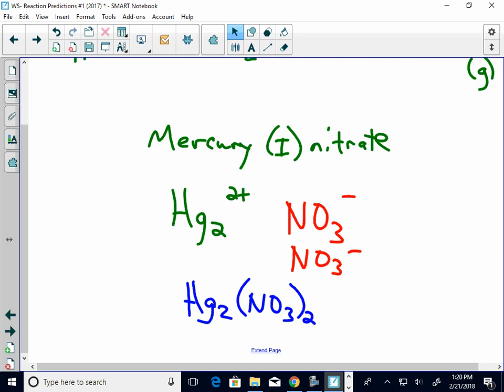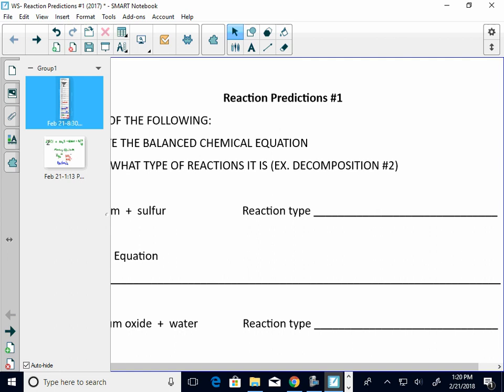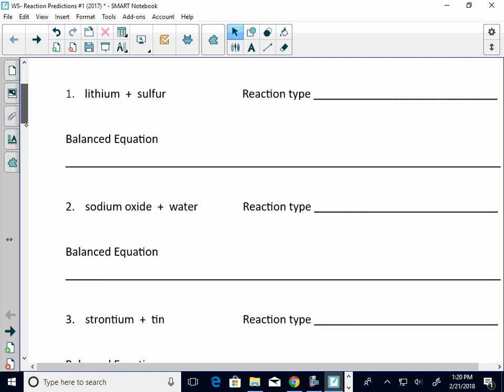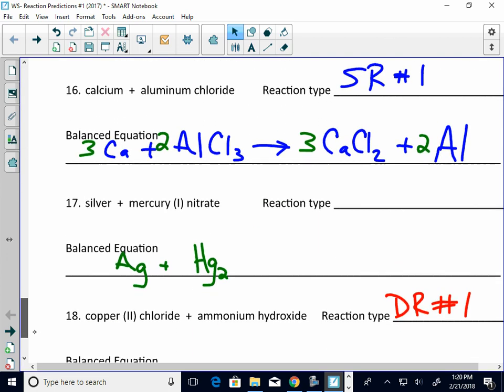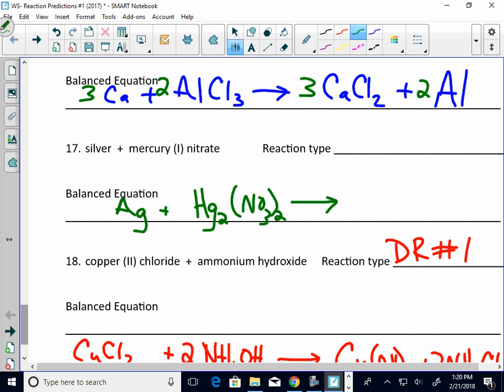So let me go back. As I come back here, come all the way back down. So Hg2 NO3 2. Now, this is going to be just like the one I previously did. This is a single replacement number 1.